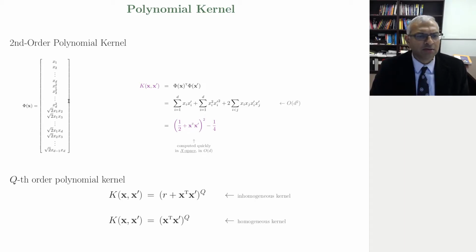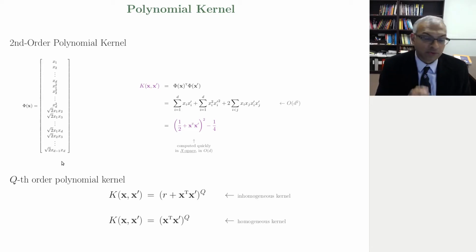For the quadratic polynomial kernel, we raise to the power 2, and the general qth order kernel raises to the power q.